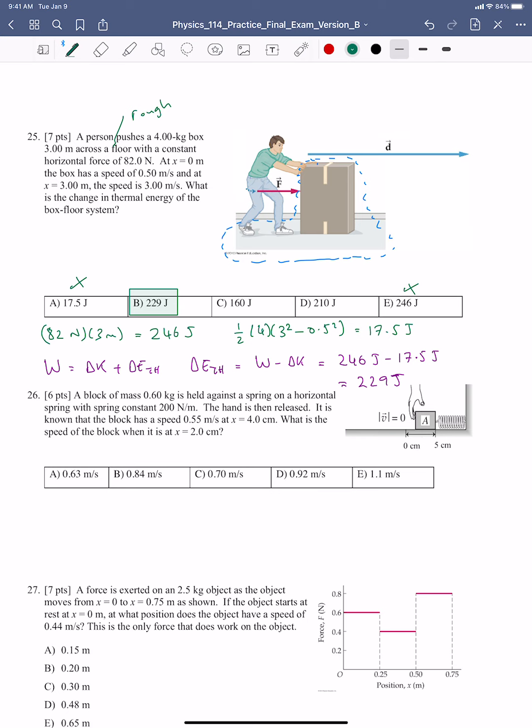So this is again an energy conservation problem where the spring is going to give up some energy in relaxing from 4 centimeters from its stretched length to 2 centimeters. I should really say that 0 represents the equilibrium position of the spring.